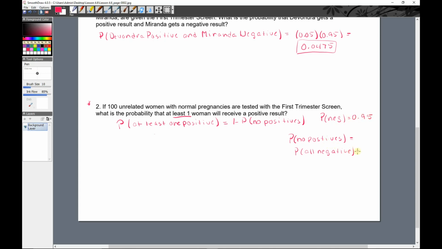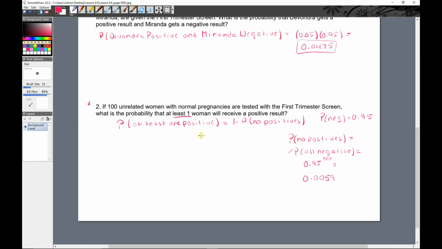So the first is negative, and the second and the third and the fourth, all the way up to the 100th. That's going to equal 0.95, and we don't want to write that 100 times. We're just going to raise this to the 100th power. So that'll be 0.0059. That is the probability of all negatives.